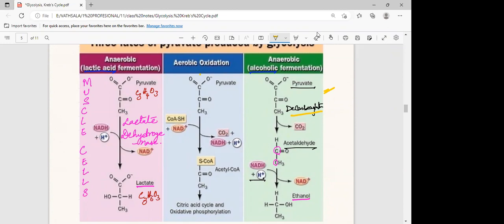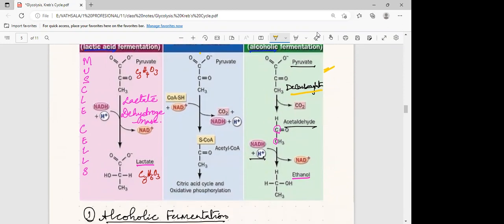And here also, the energy is utilized. There is a dehydrogenase here, acetaldehyde dehydrogenase. What is formed finally? Ethanol, C2H5OH.